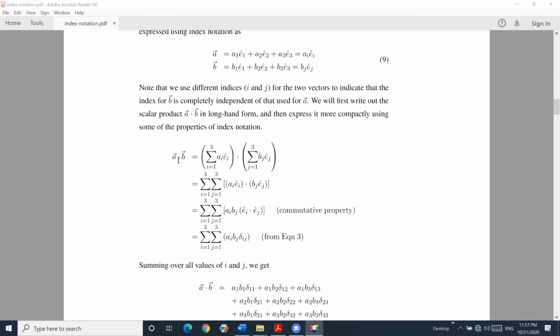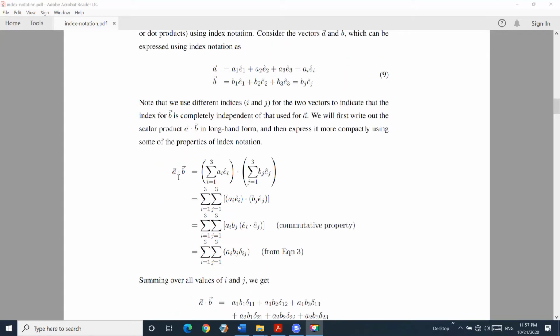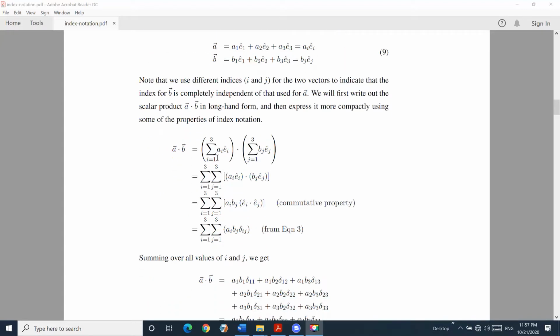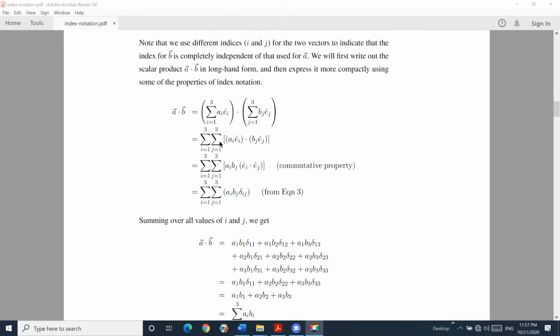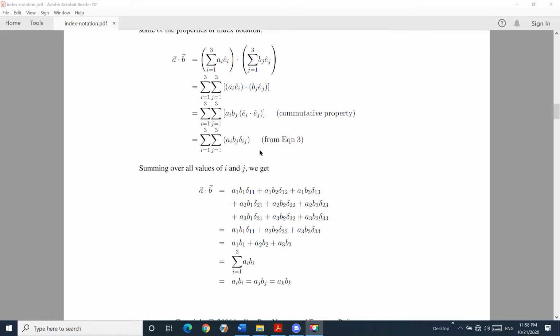The dot product, or inner product, between vectors a and b, the vector a dot vector b, can be written with all these vectors inside summations: ai ei and bj ej.